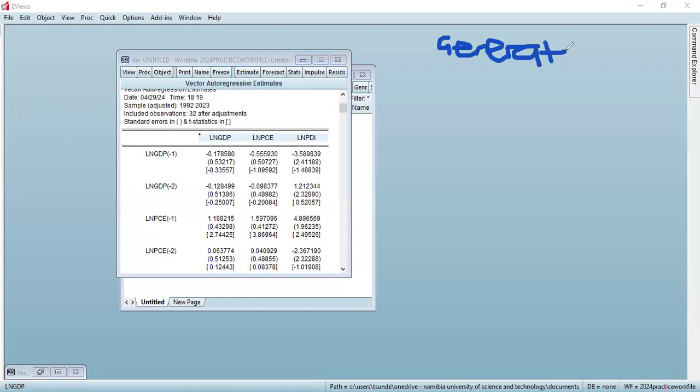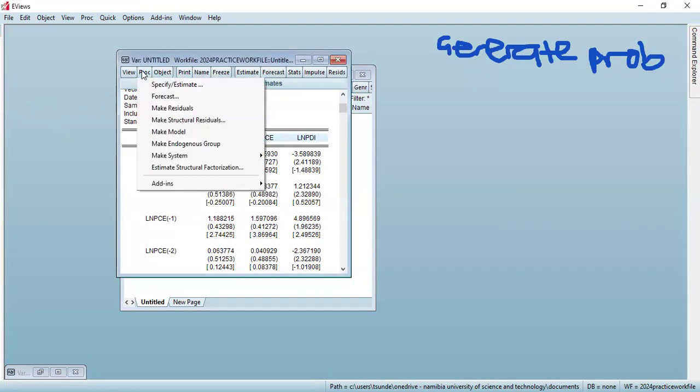We want to see the probabilities associated with this model. So to do that, you go to Proc, and from there you go to Make System.